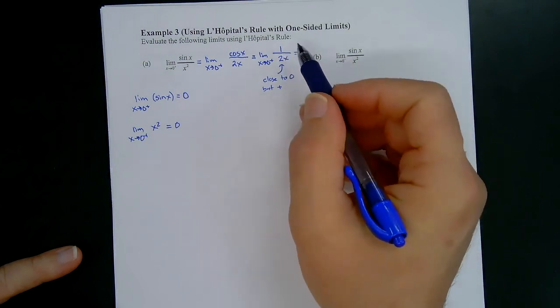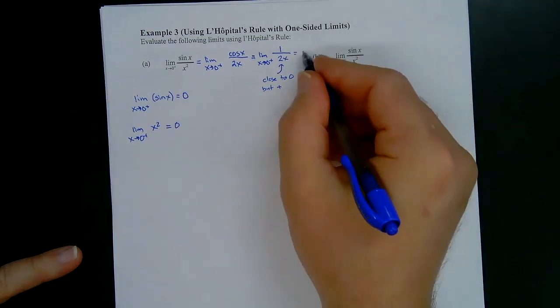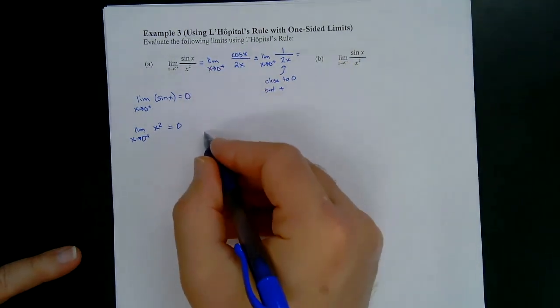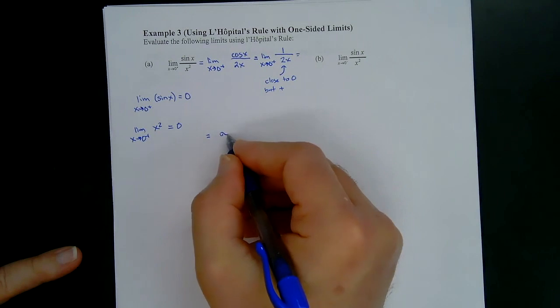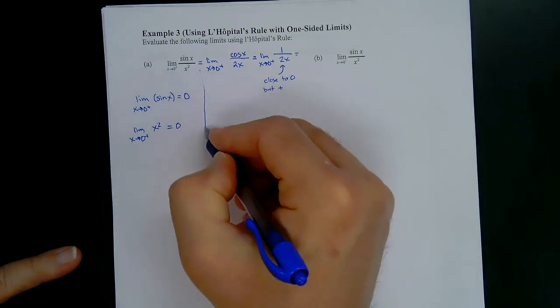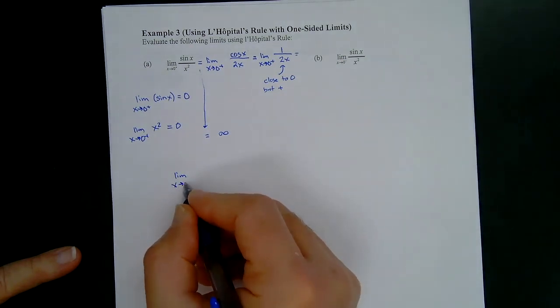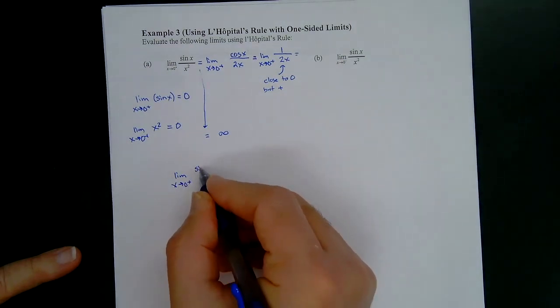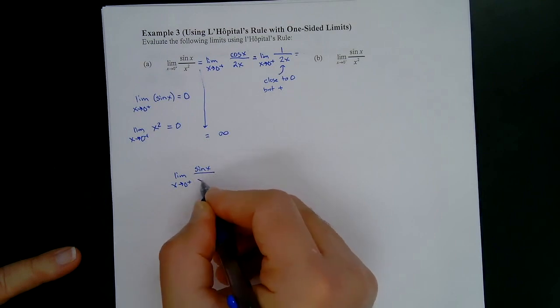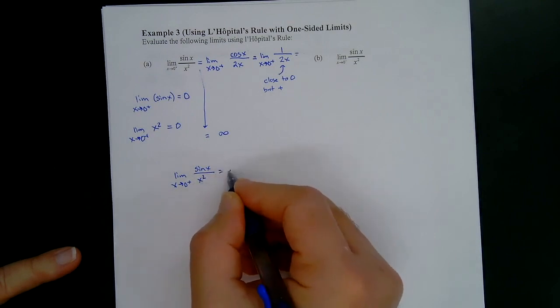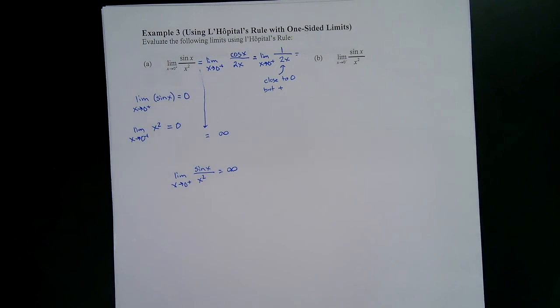That means this is going to go to infinity. So this one is equal to infinity. Okay, so what we know is that the limit as x approaches 0 from the right of sine of x over x squared is equal to infinity.